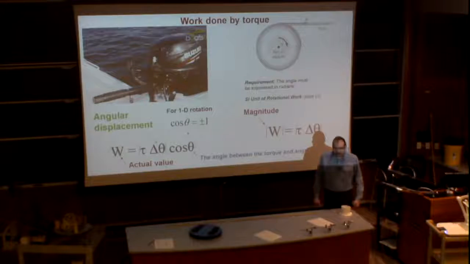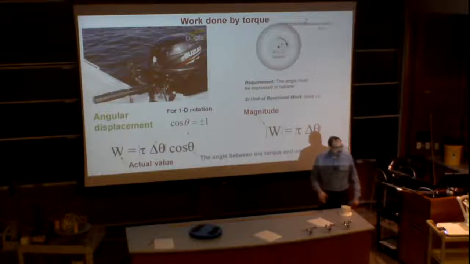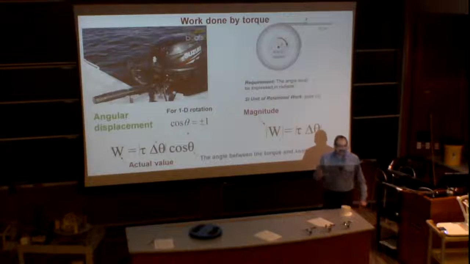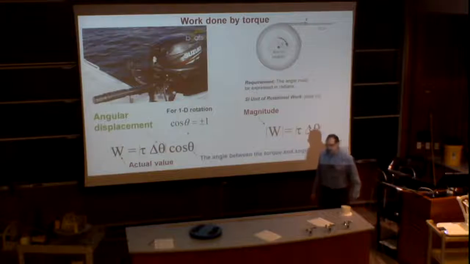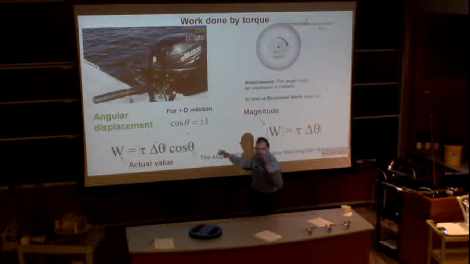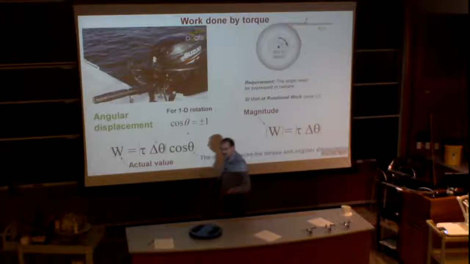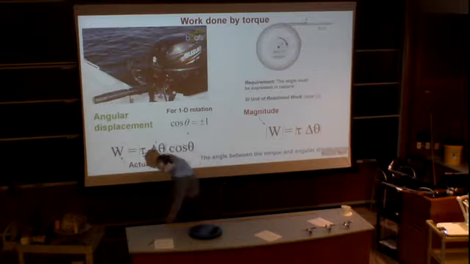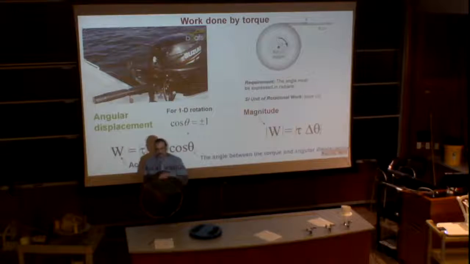It depends on the angle between force and displacement, and in this situation, it depends on the angle between torque and angular displacement. And how does torque point? Counterclockwise or clockwise? How does angular displacement point? Counterclockwise or clockwise? That's it. So they are only parallel or opposite to each other.